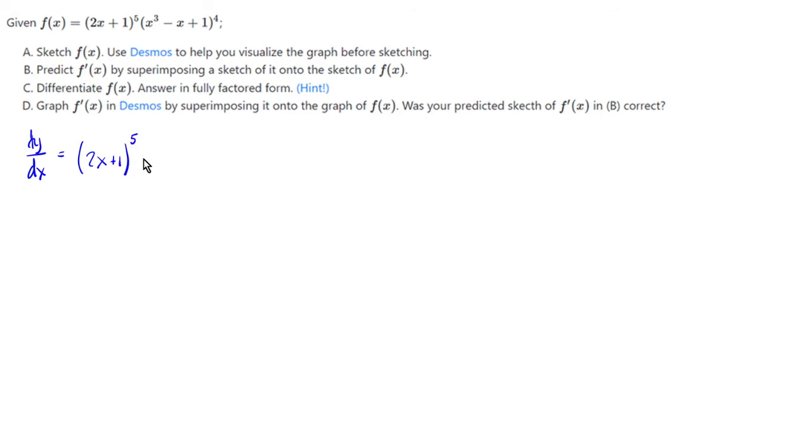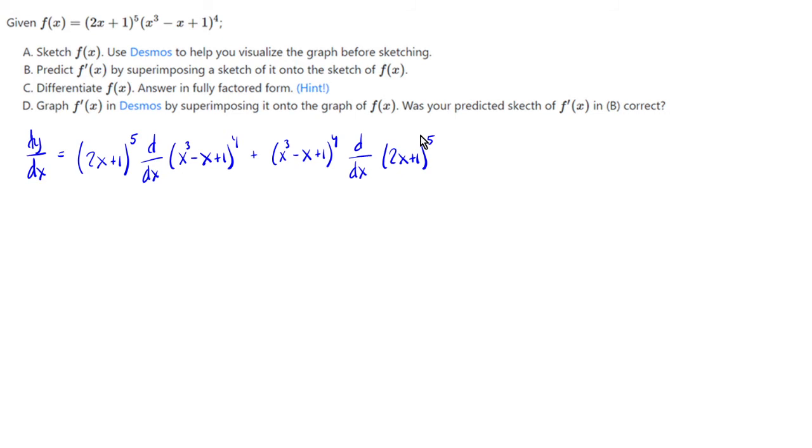Then we take the derivative of the second function, so it's going to be d/dx of (x cubed minus x plus 1) to the power of 4, plus the second function times the derivative of that other function, which is (2x plus 1) to the power of 5. Okay, so that's applying the product rule.